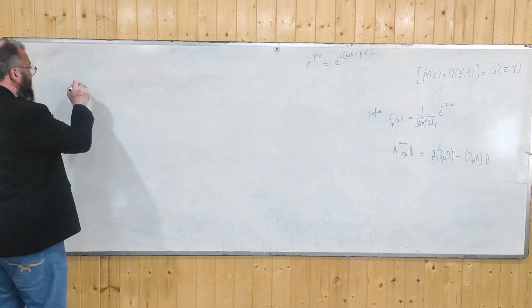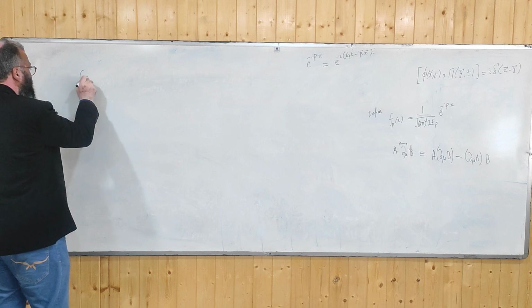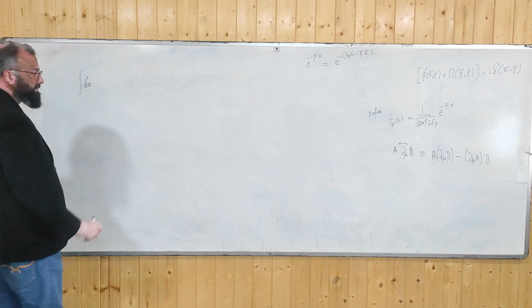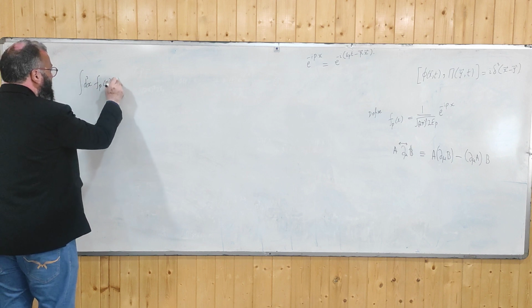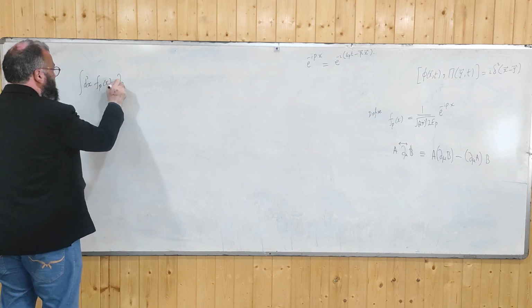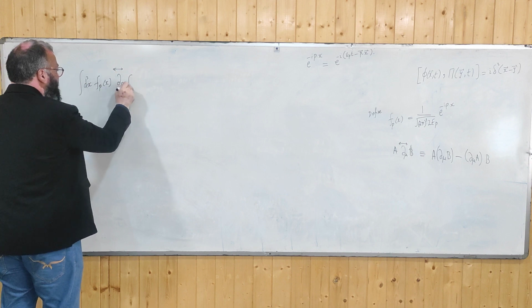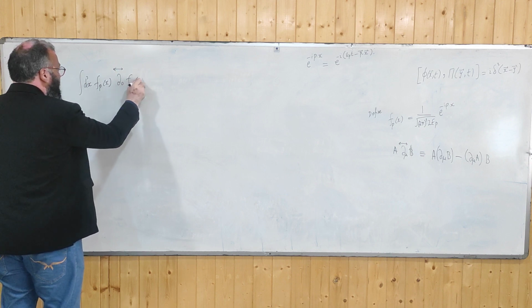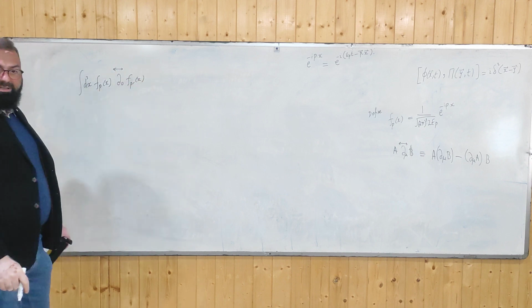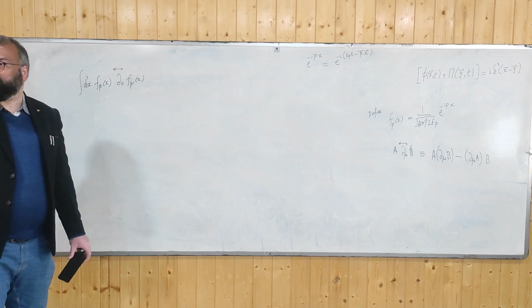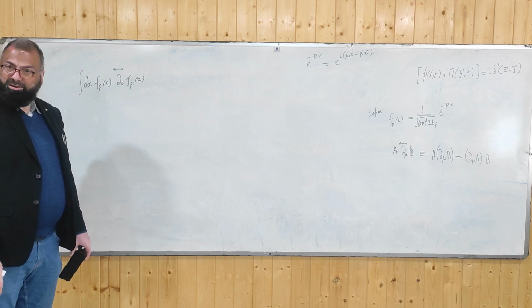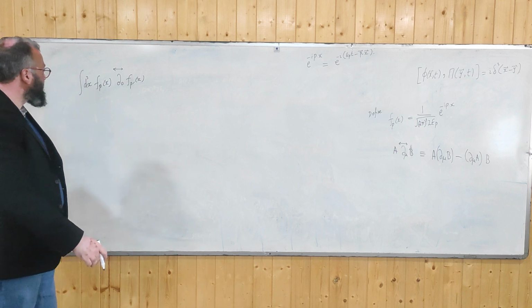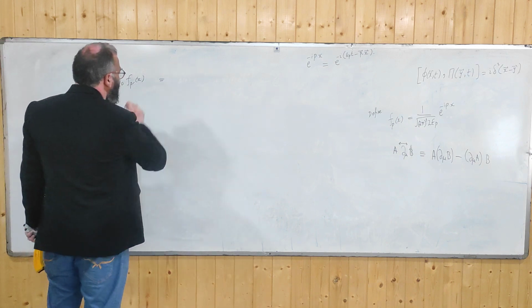So let me take this integral, d^3x, f_p(x), then ∂_0, that means only the time derivative, f_p'(x). p and p' are different. Clear? So let's evaluate this kind of integral and check what the value of this integral is.